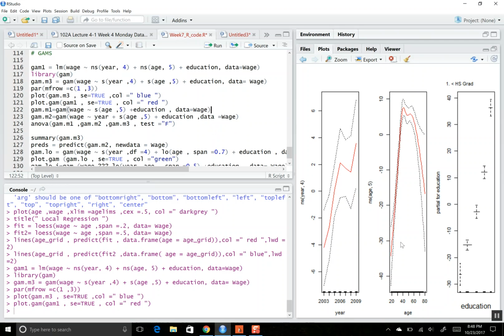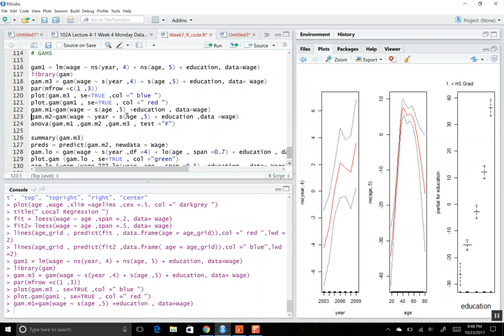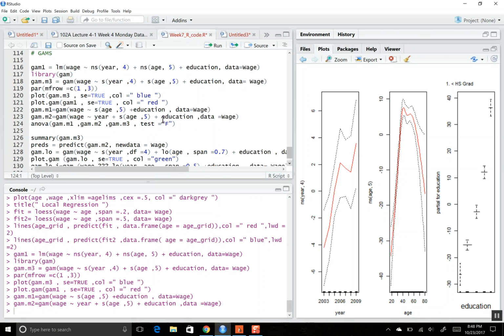Let's just look at age and education, and so these are other possible models. Okay, so this is looking at age and education, and then over here gam M2 is looking at year, age, and education, and we can perform an ANOVA between these things here.